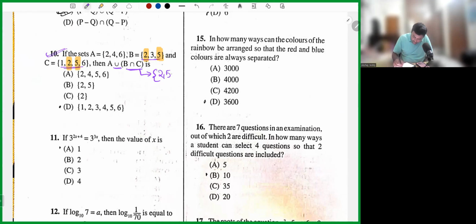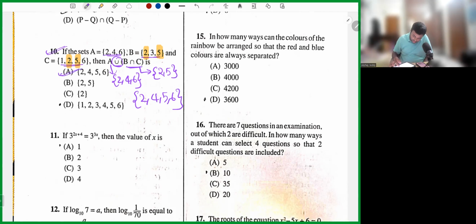So 2, 5. Next, A is 2, 4, 6. Now, union is given in between. Union means you merge the sets together. So 2, 4, 5, 6. So what is the answer? Answer is option A. Next.